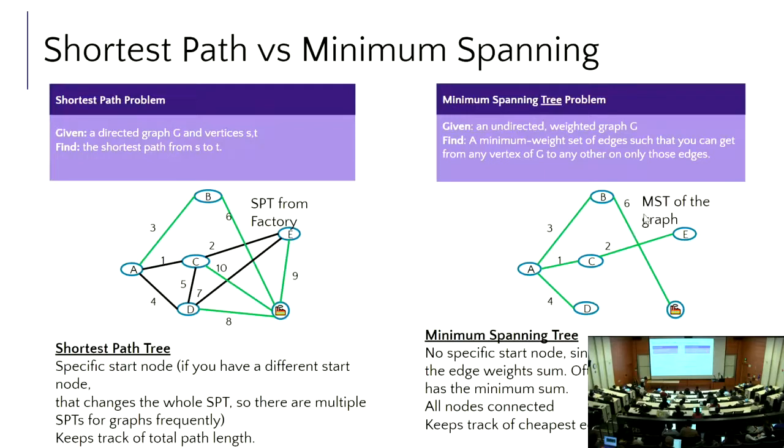But what I'm minimizing in this case is not the individual distances between 2 vertices, but the total sum of the weights. And so by avoiding that 8 weight edge here, D is still connected thanks to this 4. And the thing that I'm trying to minimize is the sum of 4, 1, 2, 6, and 3, the edges that remain connected across all the vertices.